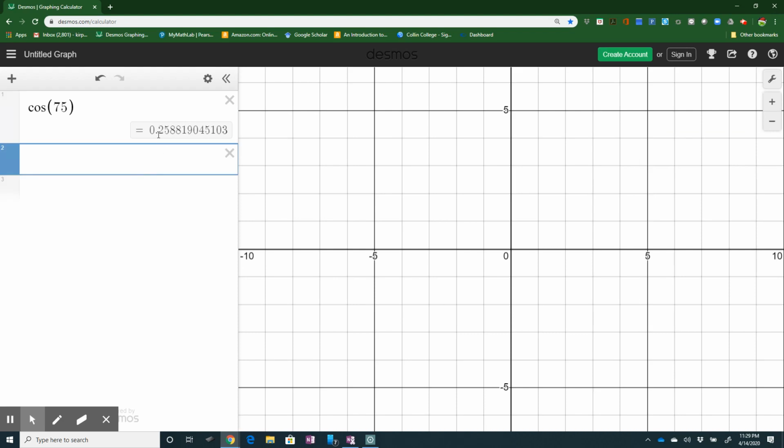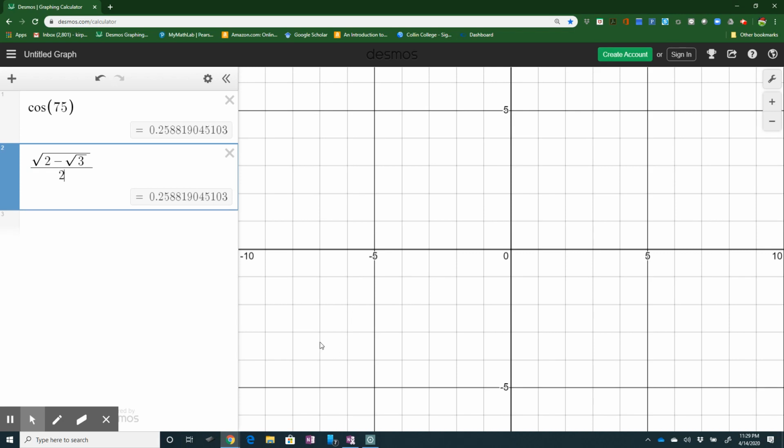So cosine of 75 is 0.28819 blah blah blah. And if I type in what I just did, square root of 2 minus square root of 3, and then that whole thing over 2. Notice that we get the exact same answer.